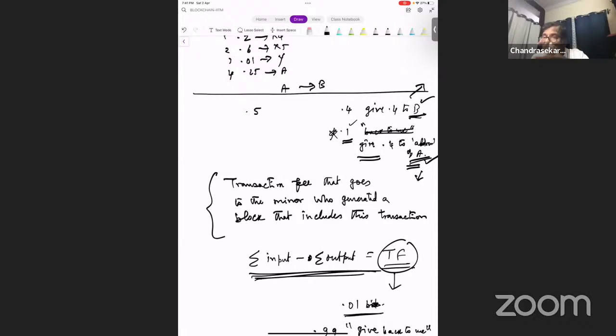If he is able to pack, let's say, only 100 transactions, which 100 transactions will he pack? He will obviously try to pack the transactions that give a lot of transaction fee. So he will take the top 100 and try to make a block out of it. Whether he is successful or not is another story.